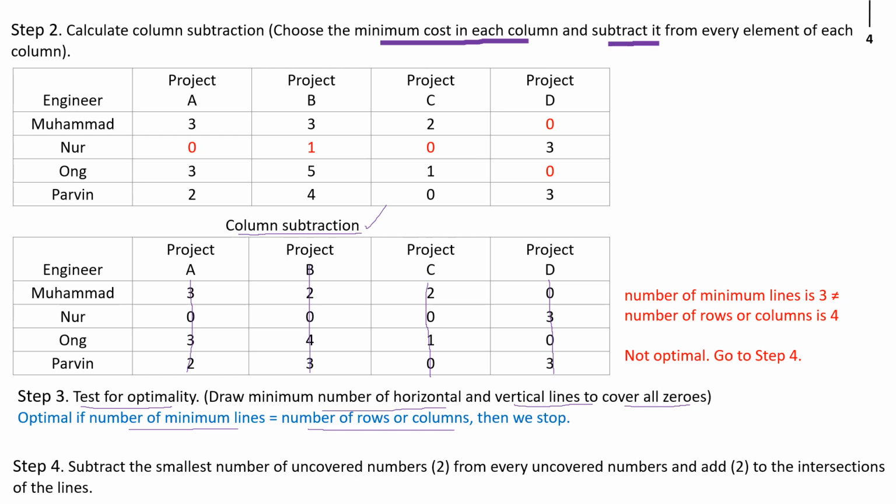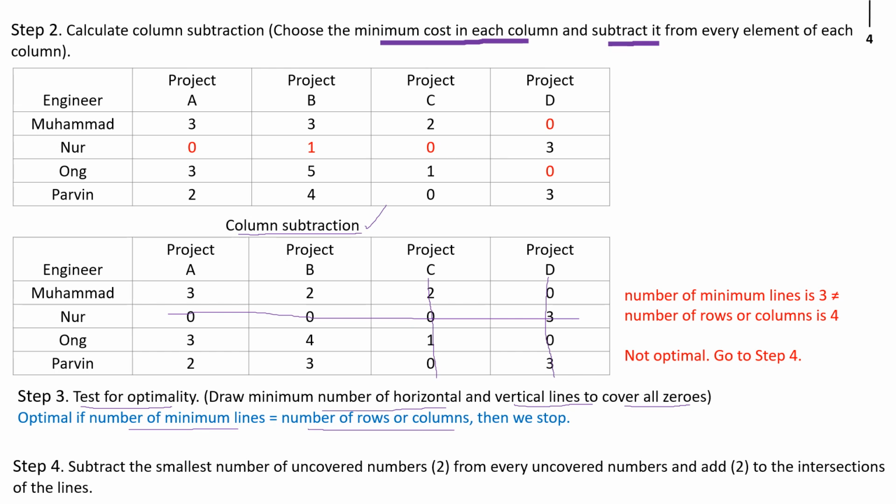I can draw again. 1, 2, 3. Now I have 3 lines, which is the minimum number of lines.